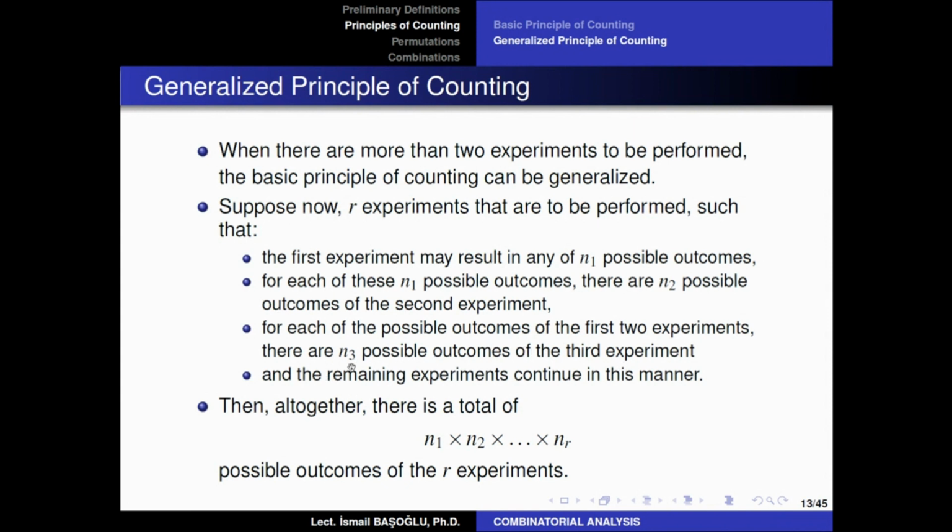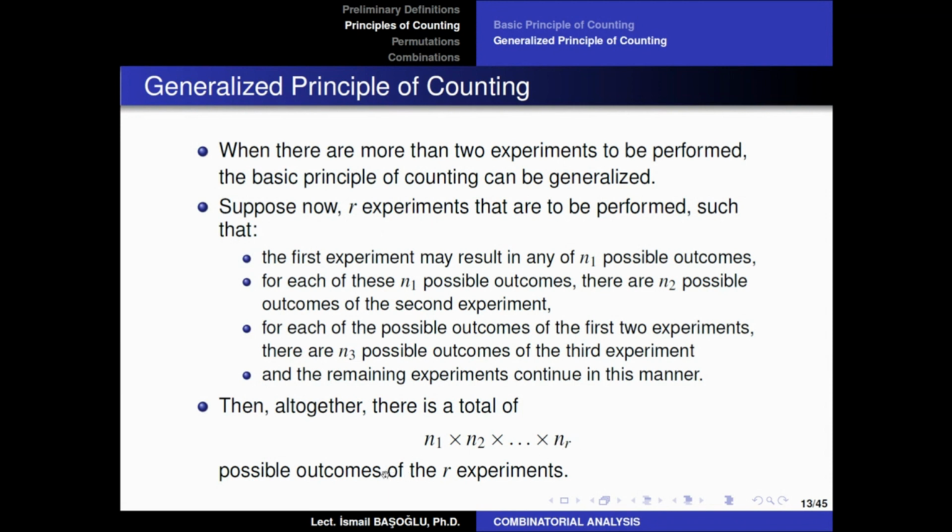So these events are going to continue like this. All remaining experiments are going to continue in this manner. And I'm going to perform the last experiment independent of the outcomes of all previous experiments. The last experiment is going to have nr possible outcomes. Now, if we combine these r experiments, just like we combined the 2 experiments in the basic principle of counting, the combined experiment will have n1 times n2 times n3, and so on and so forth, times nr possible outcomes.